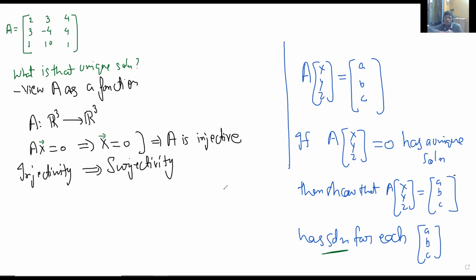So come on, someone tell me. Injective implies surjective. We had explained this in a very nice and interesting way, I think. Yes, linear combinations.